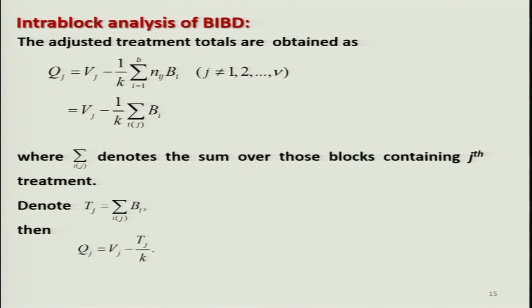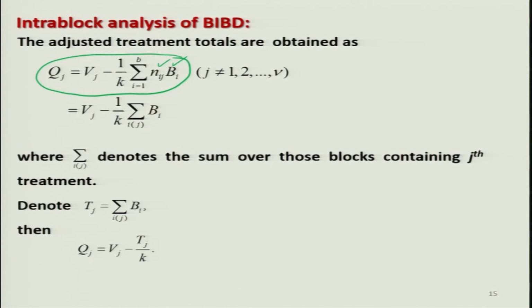Now, what about the adjusted treatment totals? If you try to recall, we had earlier obtained the expression of Qj as Vj minus 1 over k, summation i goes from 1 to b, Nij Bi.